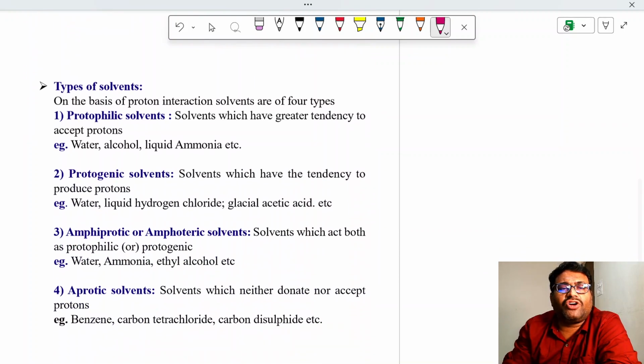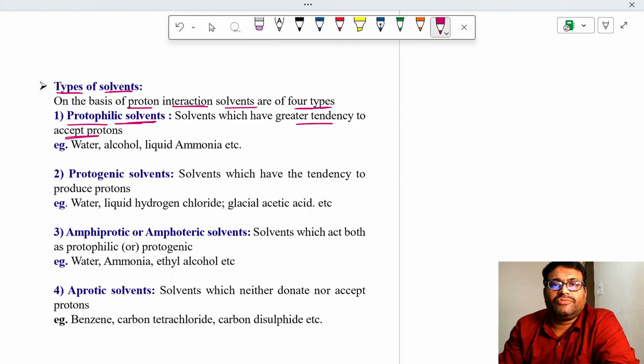Coming to types of solvents. On the basis of proton interaction, solvents are of 4 types. One is protophilic solvents, solvents which have a greater tendency to accept protons. We know the best solvent is water, the universal solvent.